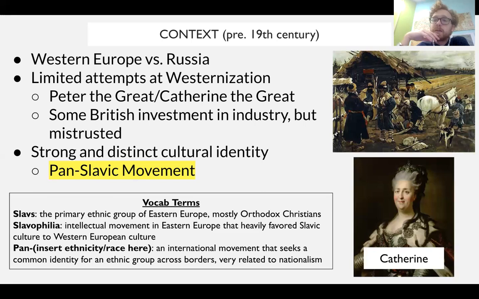It's very much related to something we call the Pan-Slavic movement. Essentially, there is a call for all Slavs across Eastern Europe to unify under one country, with Russia being the dominant one. So Russia has this feeling of Slavic nationalism. That's very much distinct from Western European ideas of culture.